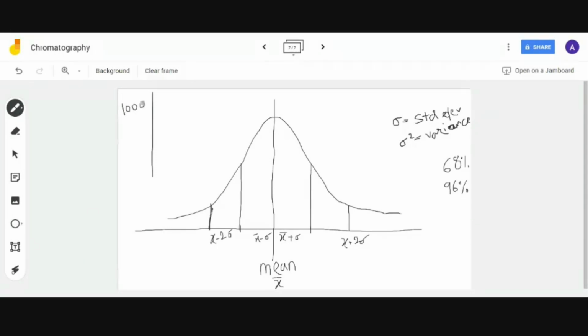Suppose that experiment is the determination of the thickness of a tablet, and I measured the thickness of 1,000 tablets. For those 1,000 measurements, I can take the mean of the thickness. Suppose I got a mean thickness of 0.5 centimeter.